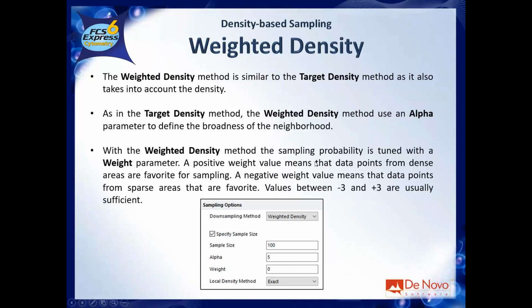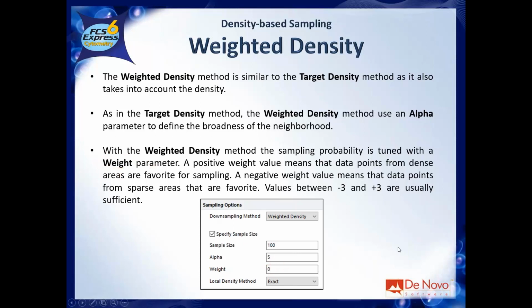Weighted density is quite similar in the sense that it still takes into account the density. It's still using the alpha parameter to define the extent of the neighborhood. But it's a little bit simpler since it's just based on a single parameter, which is the weight. You see here, weight.